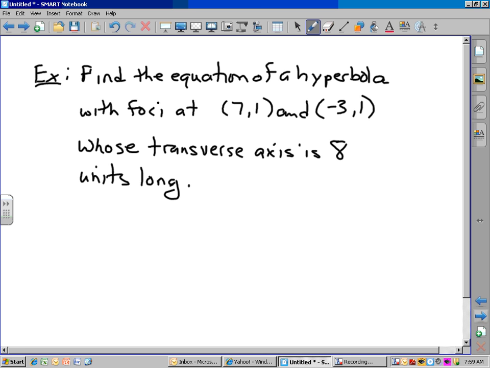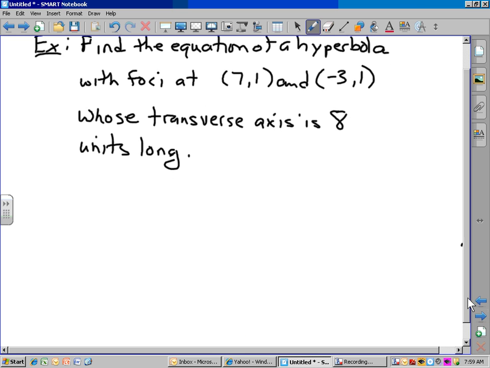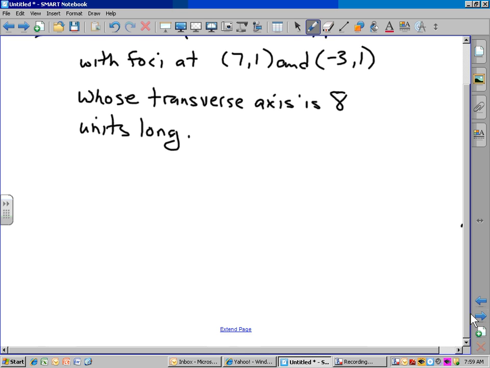So, Mr. Gross, how can we tell what the vertices are? Well, we don't know yet. We're going to find it. Okay? What do we know right now at this point in time? We know 2 points. So let's plot them, see what that tells us, okay? 7, 1, and negative 3, 1.